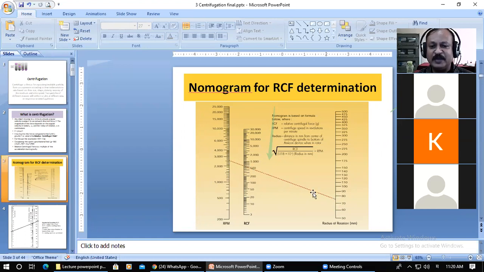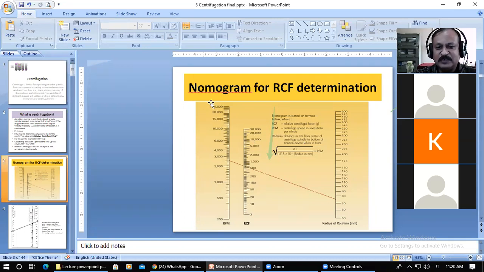Now if you connect these two lines, then it is intersecting this third line, which is called the relative centrifugal field. Directly from this diagram you can get the RCF. For example, here it is about 400 into G, that is the relative centrifugal field.